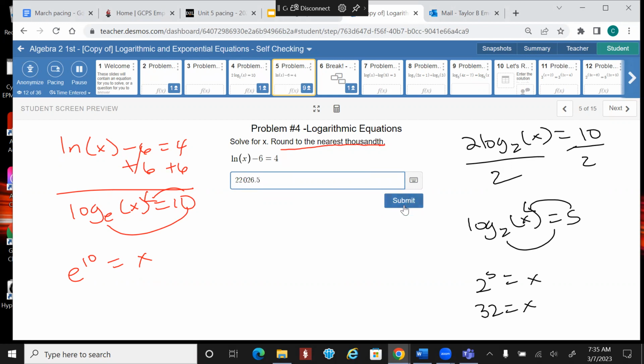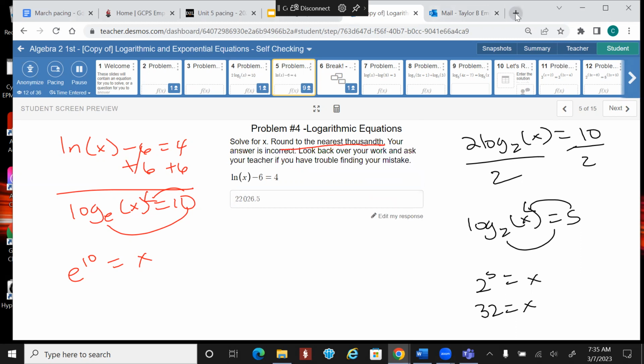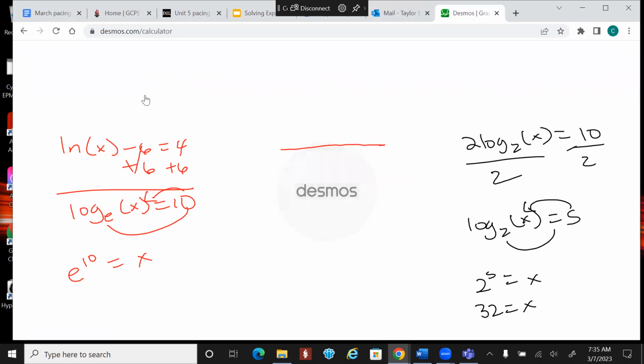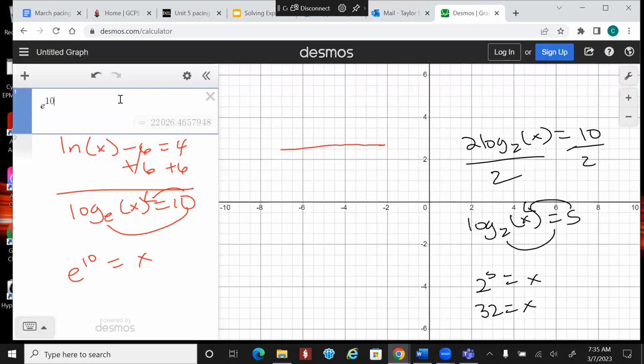Nope, okay, hold on. 22,026. Is that right? I don't think it's giving me my thousandth place. e to the 10th power. 22,026,465. All right, so going back in here.